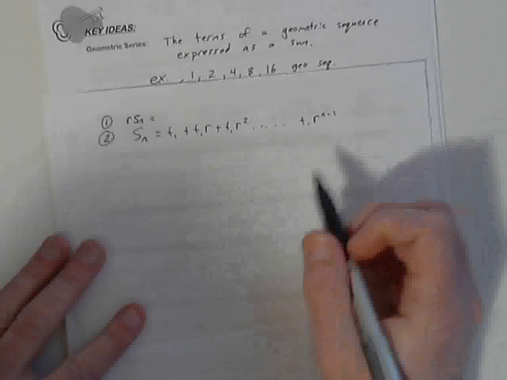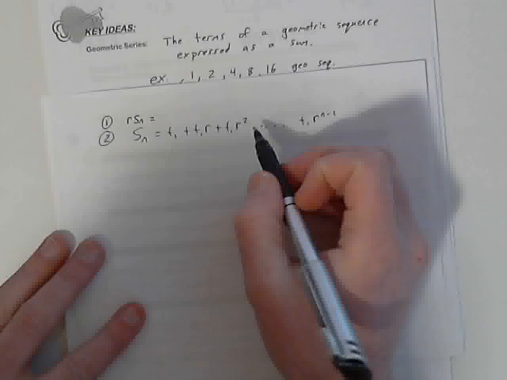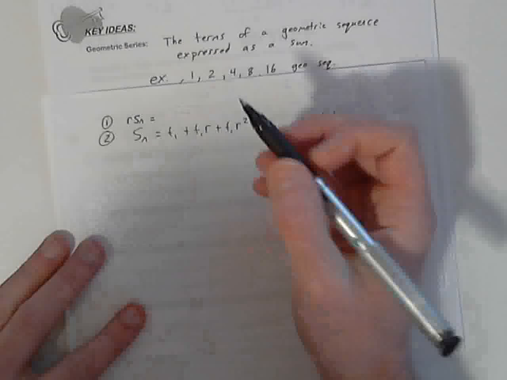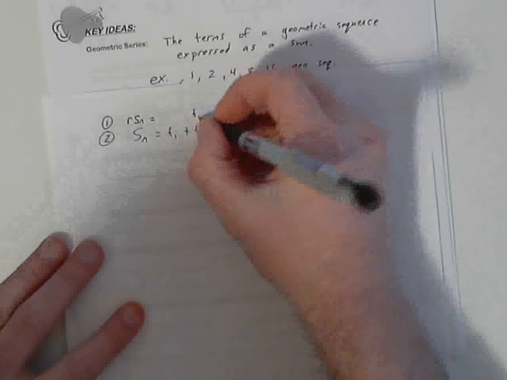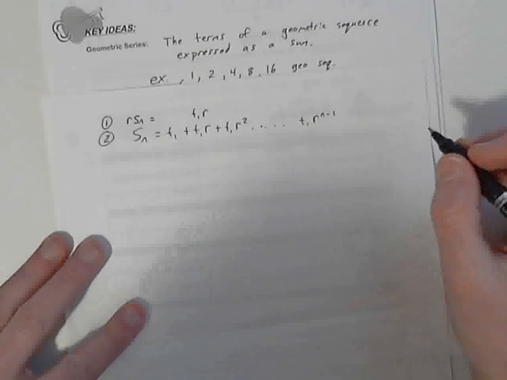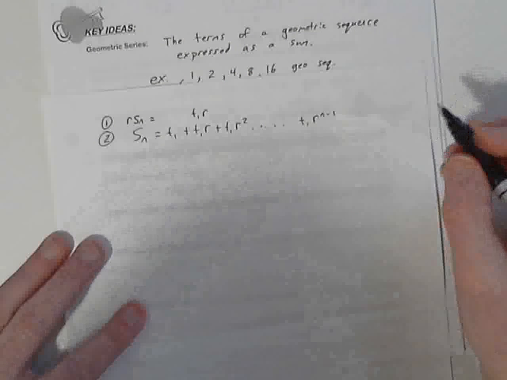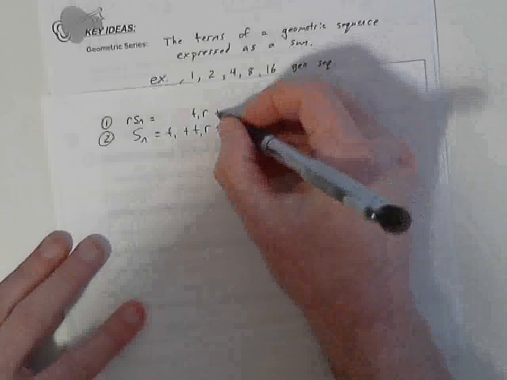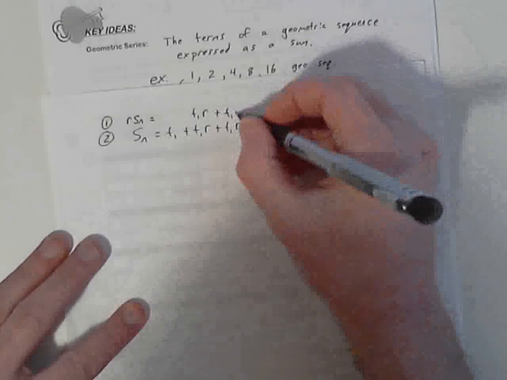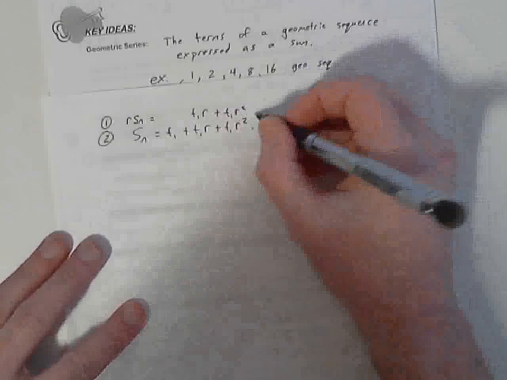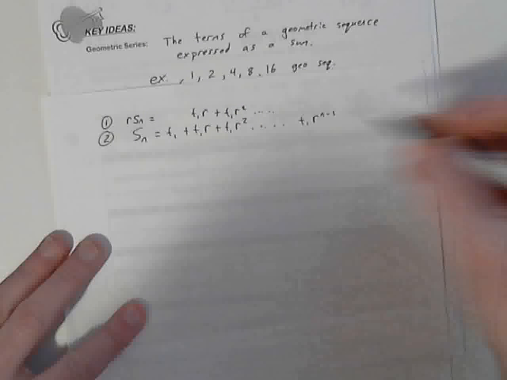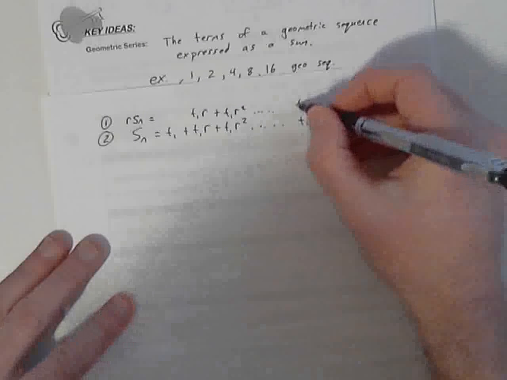So our first term is now going to be T1r. That makes sense. It's just T1 times r because it's r times bigger. Our second term is going to be T1r squared. And we're going to keep on going and keep on going. We're going to end up with a T1 r to the n minus 1 as our second to last term.